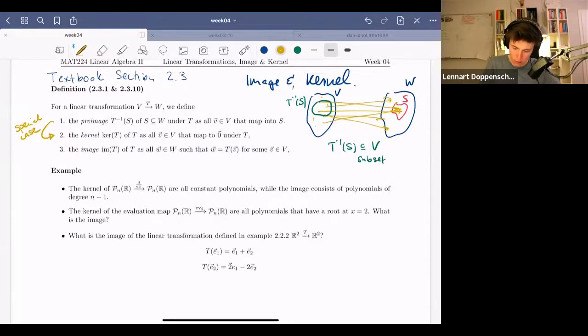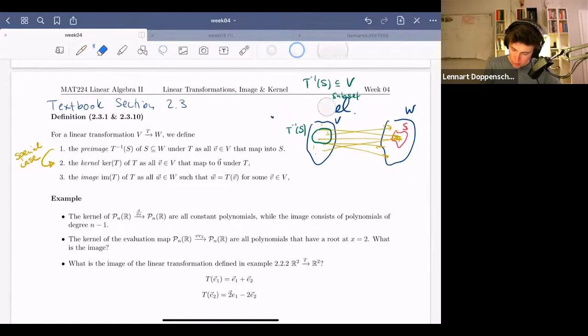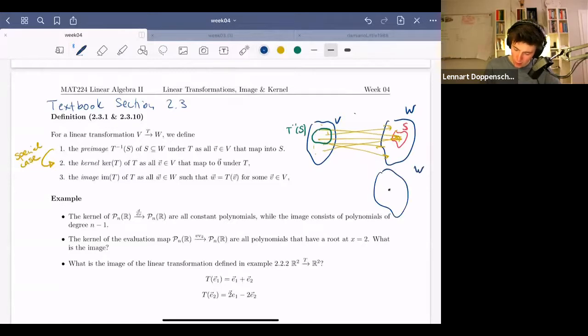Can you draw another picture? So if you have W, there's the origin, there's the zero vector. And for any transformation, every vector of V gets sent to W, and some of them might get sent to zero.